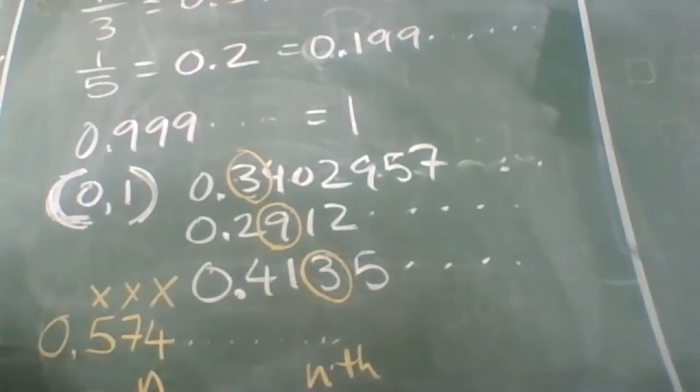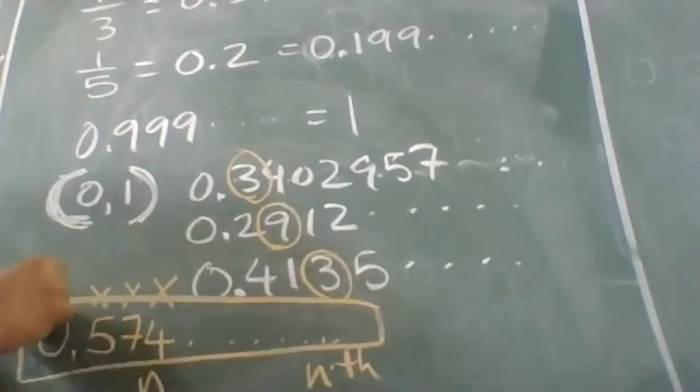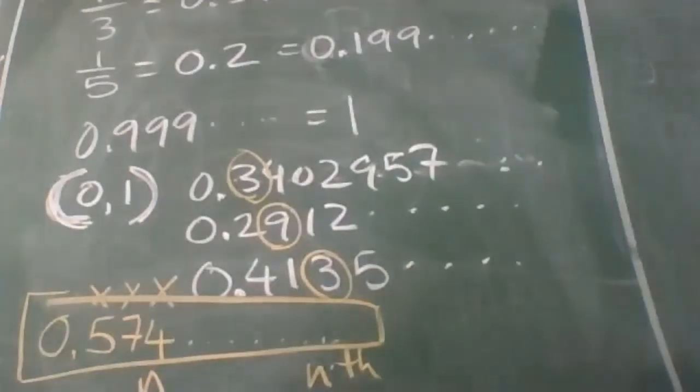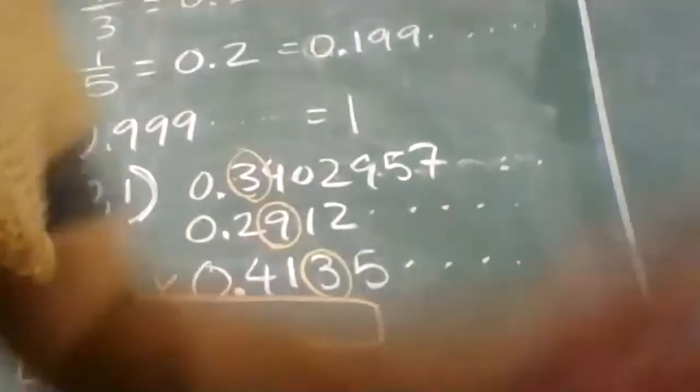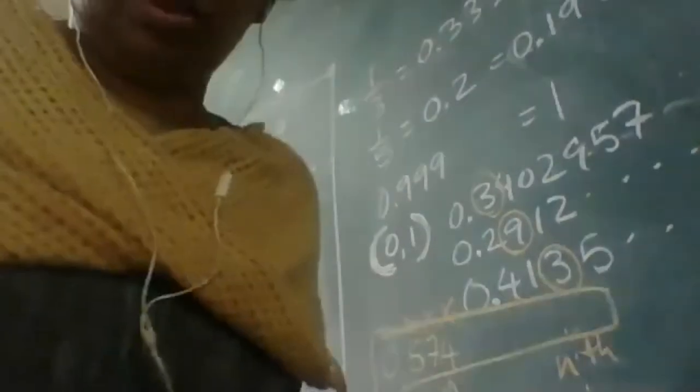So this poor fellow that we constructed is very much a number between 0 and 1, but it has no place in the list. So you can see that there is a contradiction. That is why all these real numbers between 0 and 1 become a different, higher level of infinity, which is uncountable infinity.